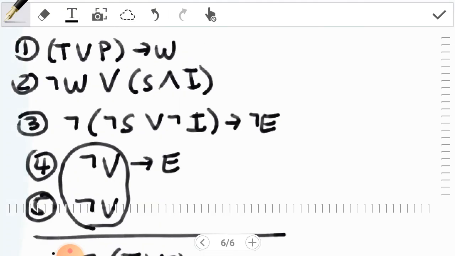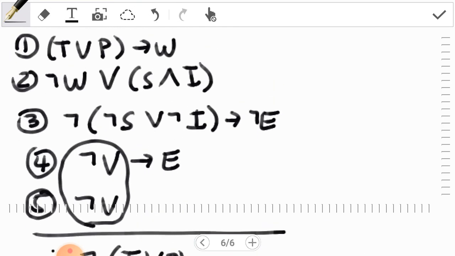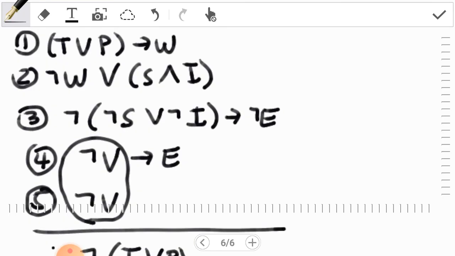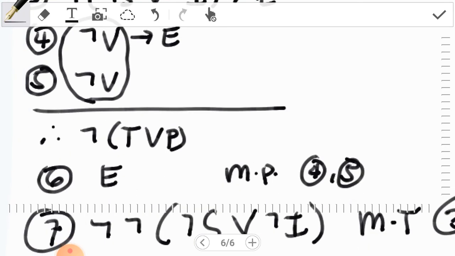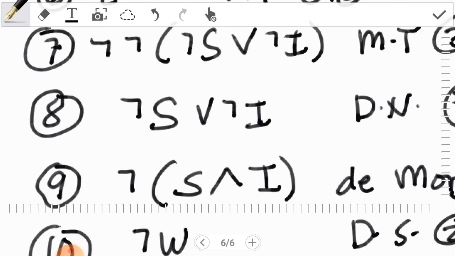Modus tollens states that P implies Q, not Q, therefore not P. Therefore, if we use modus tollens for 1 and 10, that should now give us line number 11.